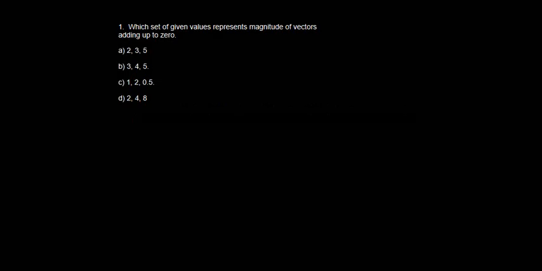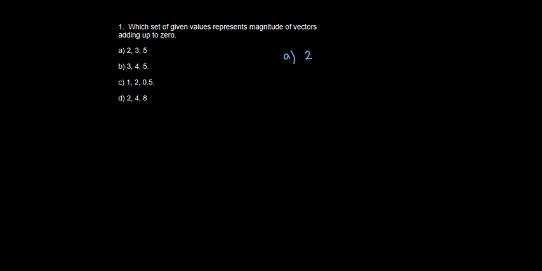The first thing is, if any two numbers are adding up to the third. For example, if you take option A, 2 plus 3 is equal to 5. If that is the case, the resultant of the three vectors can easily be equal to 0. How?